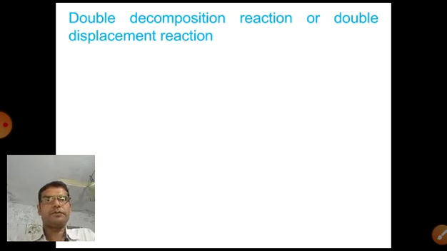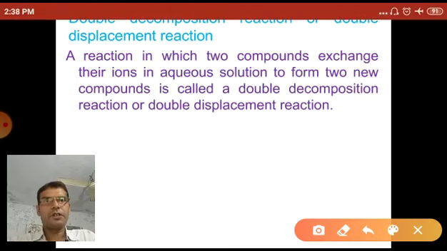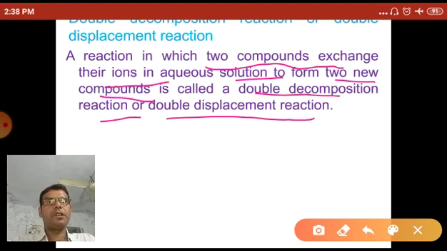In these reactions, the ions exchange with each other and form new chemical compounds. The definition: a reaction in which two compounds exchange their ions in aqueous solution to form two new compounds is called a double decomposition reaction or double displacement reaction.